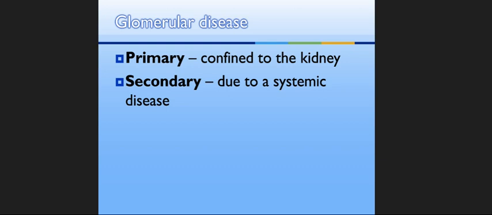But when we say secondary, it always means that it is caused by another etiology. Secondary glomerular disease, mostly it is due to a systemic disease. There are many systemic diseases, especially the rheumatology diseases. As an example, and usually it is a common example, lupus, SLE.